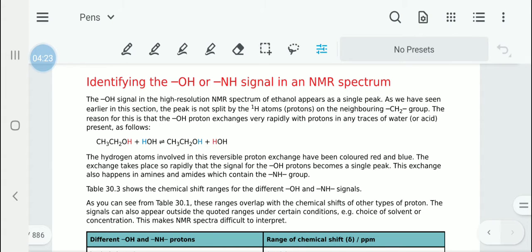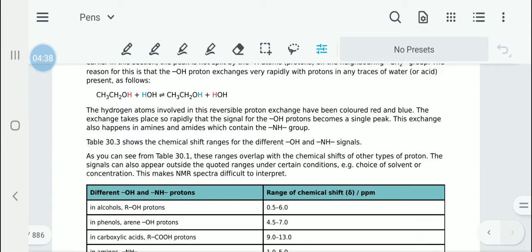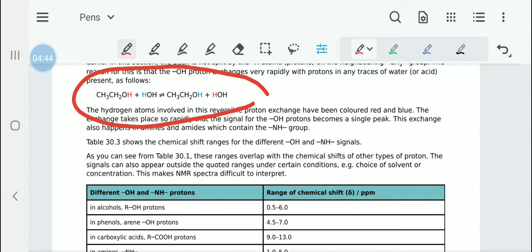Also, they appear as a single peak because of the rapid proton exchange when water or acid is present, so it becomes difficult for us to understand which is which.